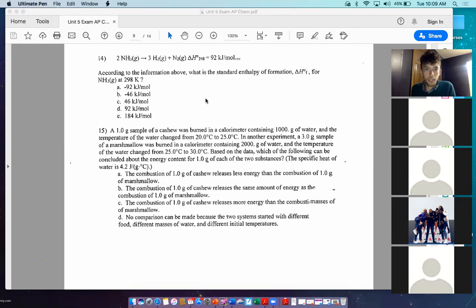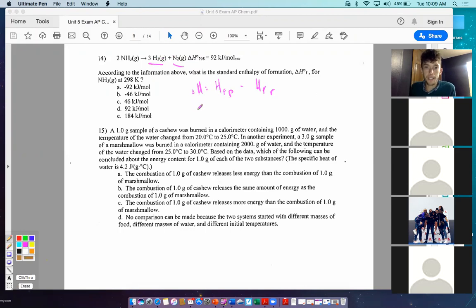What's the standard enthalpy of formation of NH3? So they've given me the enthalpy of reaction for that whole reaction. How can I get the enthalpy of formation? Well, I know that delta H is equal to the heats of formation of the products minus the heats of formation of the reactants. The products are elements in their standard state, that's how they're typically found, so those are 0.